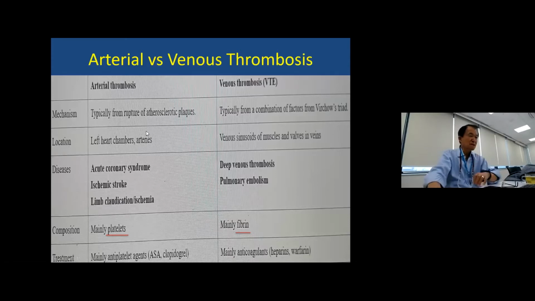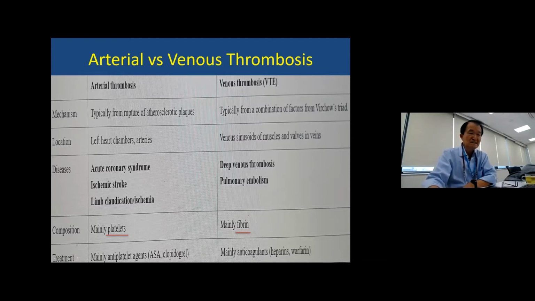So again, arterial versus venous thrombosis show some different mechanisms, locations, and composition. I mentioned platelets are abundant in arterial thrombosis. Fibrin, on the other hand, is abundant in venous thrombosis. Atherosclerotic plaque rupture is a major mechanism of arterial thrombosis, but for venous we have the so-called Virchow's triad.